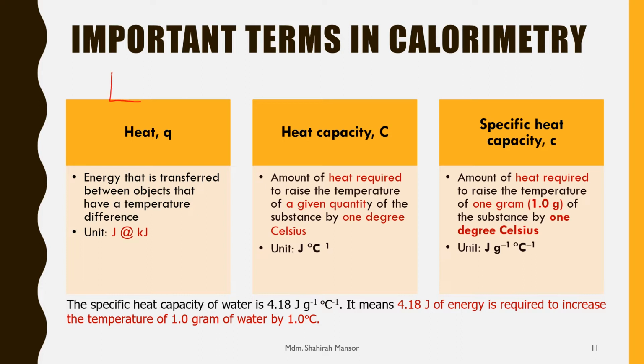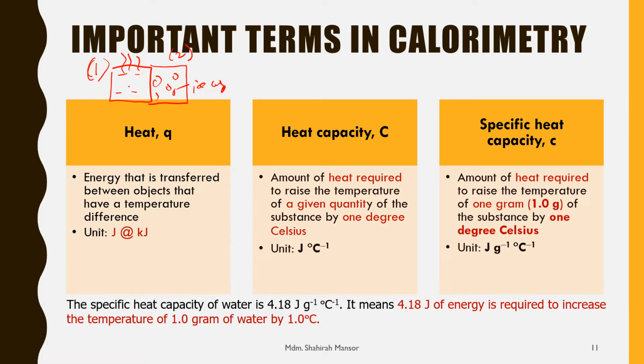Contohnya di sini kita ada satu bekas yang mengandungi hot water dan kita letakkan di sebelah bekas yang mengandungi ice cube. Okay, so di antara bekas yang pertama dengan bekas yang kedua, there will be temperature difference between them.